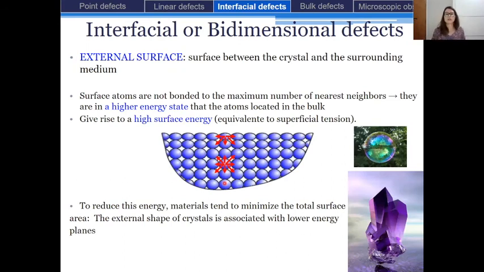It is a surface between the crystal and the surrounding medium. The atoms at the surface are not bonded to the maximum number of nearest neighbors, so they are in a higher energy state than the atoms in the bulk of the material. Because of this higher energy state, it gives rise to a high surface energy, which is quite equivalent to surface tension, which you may have studied in other kinds of systems.